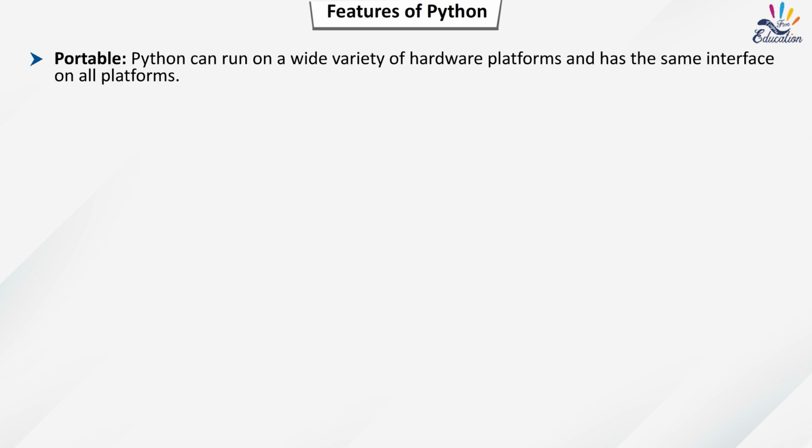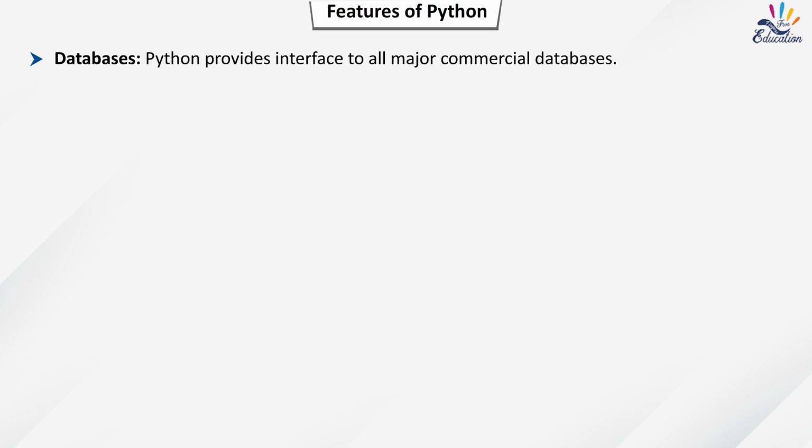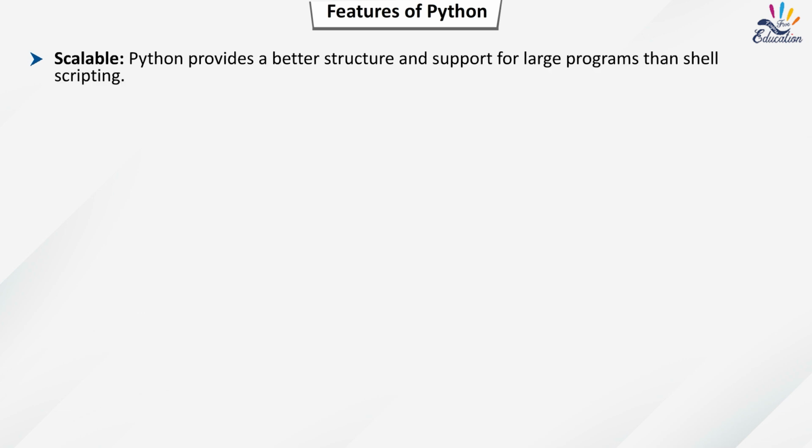Portable: Python can run on a wide variety of hardware platforms and has the same interface on all platforms. Databases: Python provides interface to all major commercial databases. Scalable: Python provides a better structure and support for large programs than shell scripting.